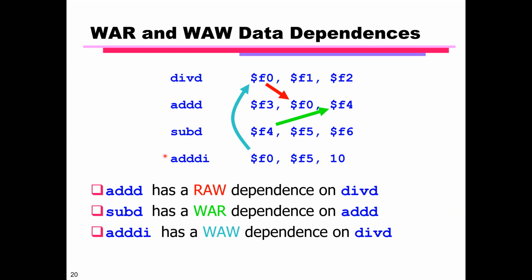If I do this add before the div, of course, it is a mistake, because the user of this F0, which is somewhere in the code that is not here, will see the first value for F0 and not the second value, because the second value has been written first, so it has been overwritten by the time that we get here. So once more, both of them are constraints that I have when I reorder.